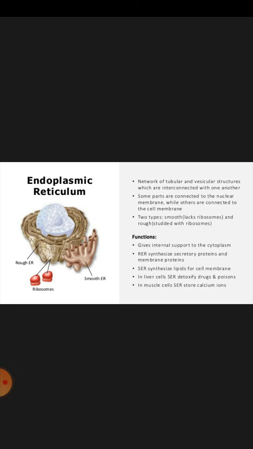Endoplasmic reticulums are the network of tubular structures which are interconnected with each other. It gives internal support to cytoplasm. Rough endoplasmic reticulum synthesizes protein and membrane protein, and smooth endoplasmic reticulum synthesizes lipid for cell membrane.